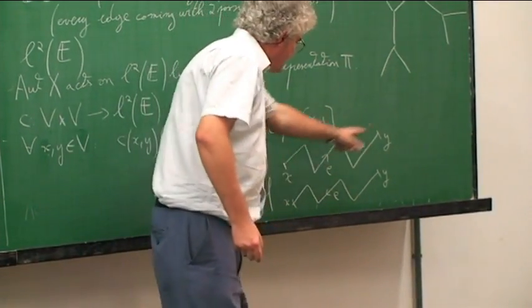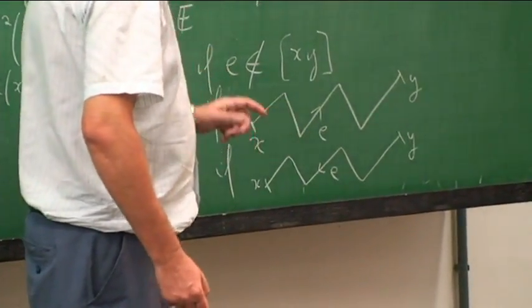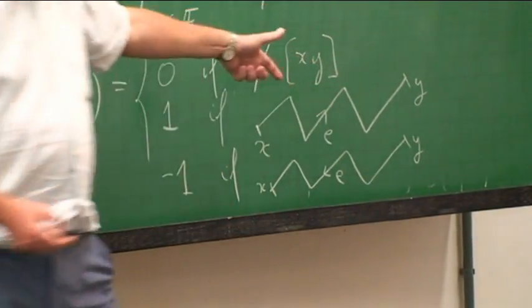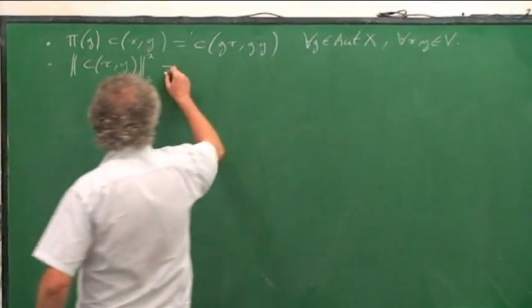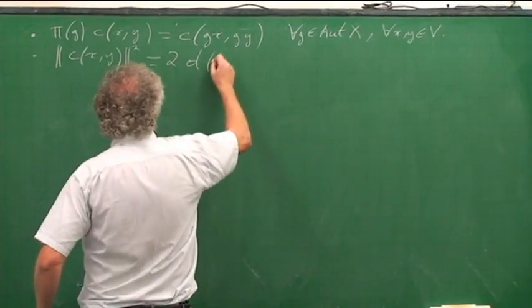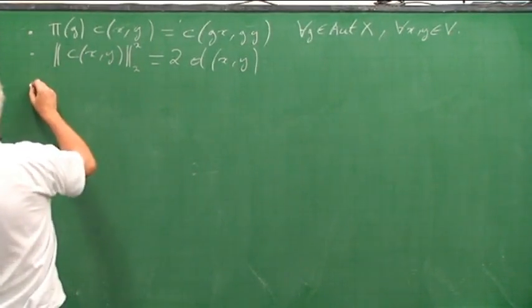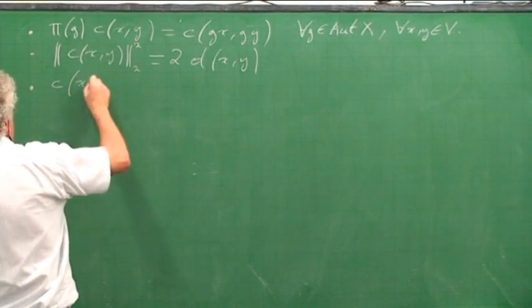So we get the geodesic distance d of xy between x and y, with a factor of 2, because every edge is counted twice, with the two possible orientations. So here we get 2 times the distance between x and y. And finally, the most interesting relation is the following.